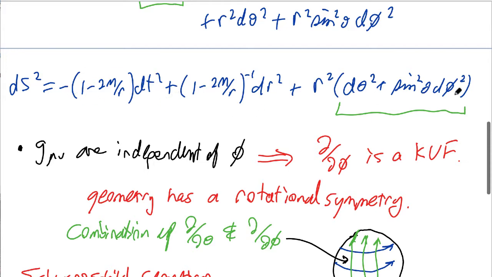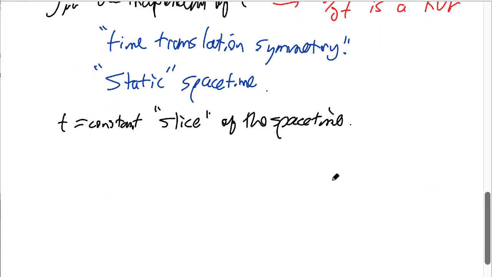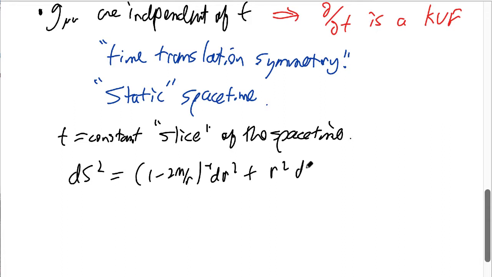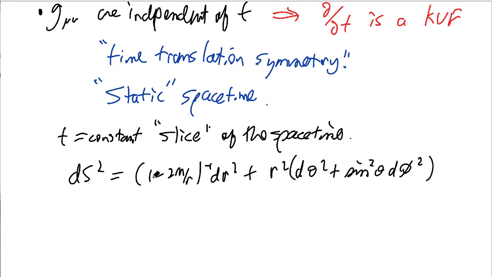This term goes away, and the line element for a t equal constant slice is just (1 minus 2m over r) inverse dr squared plus r squared (d theta squared plus sine squared theta d phi squared). So you can see that there's no t dependence here at all. So that means this three-dimensional space doesn't change from one value of the constant t to the next. So we refer to that as static spacetime.